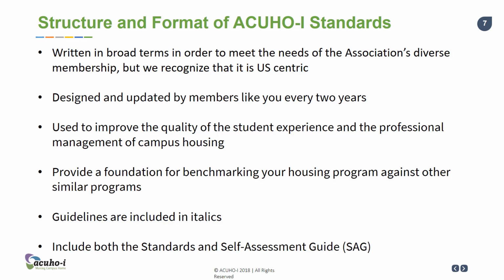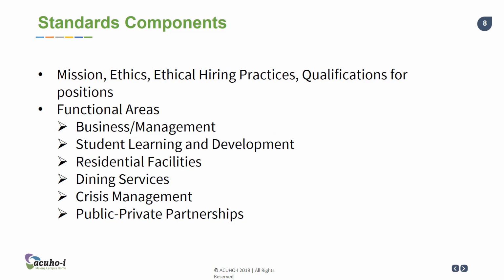These standards are designed and updated by members like you every 2 years, and they help us to improve the quality of our programs, but also to provide foundational benchmarking. Some of the language used is meant to guide, while other language is meant to serve as a standard. The standards are broken down into mission, ethics, ethical hiring practices, qualifications for positions.